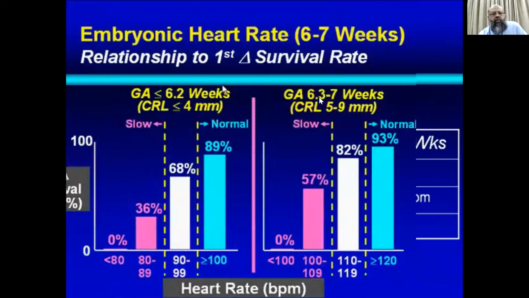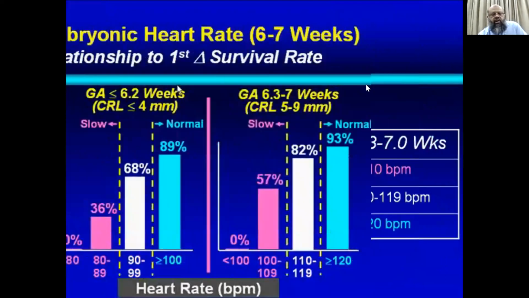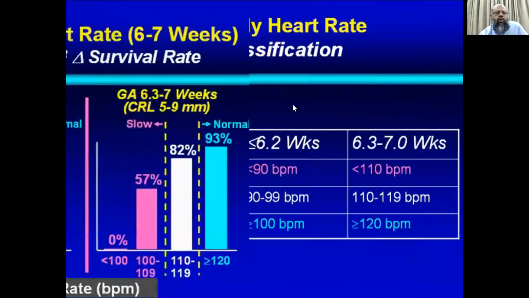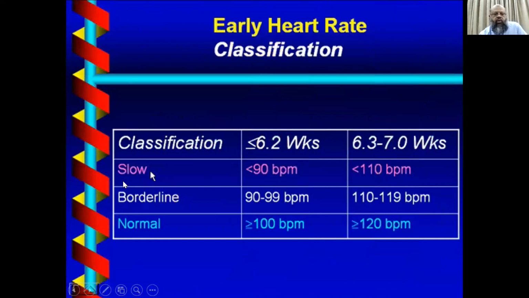So we can classify the early heart rate in the early first trimester. It is slow when it is less than 90 beats per minute till 6.2 weeks, and less than 110 from 6.3 to 7 weeks.